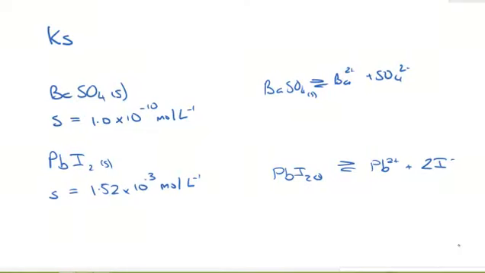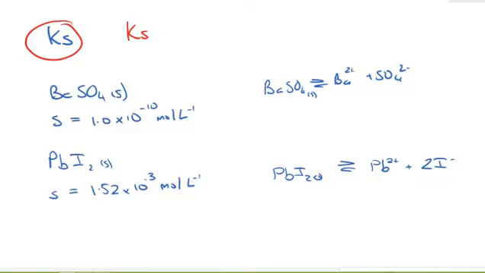Now you are expected to do some calculations, unfortunately, and one of the most common things students get confused with is what they're actually trying to calculate. At some points they think they're trying to work out the solubility, and sometimes they're trying to work out Ks. Be very careful in reading the questions so you have some confidence. If you're asked to work out Ks, you're being asked to work out the equilibrium constant.